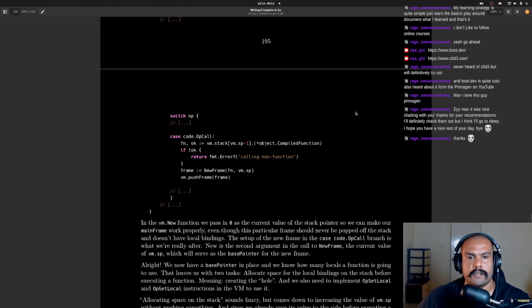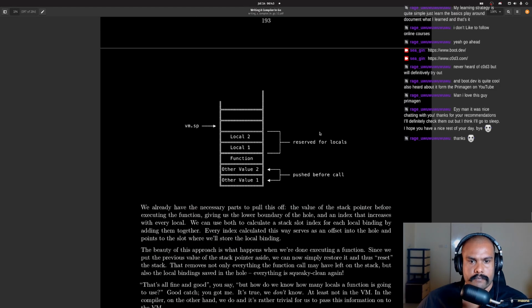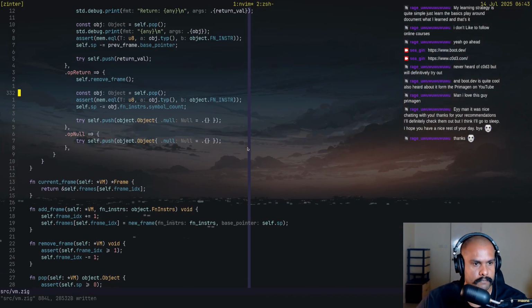So if I look at that, yeah, it's the function. Yep. Oh, why?